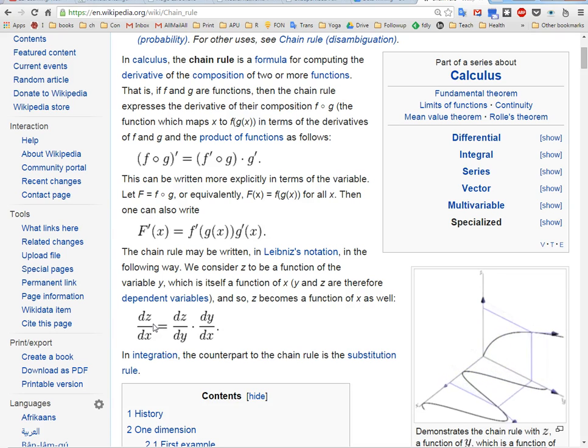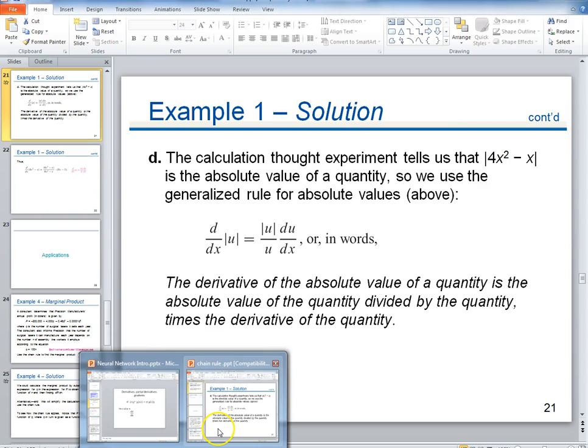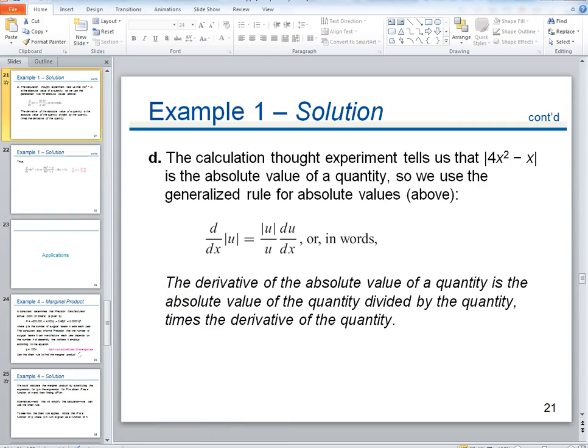But z is not directly a function of x. It's a function of y, but y is a function of x. That's called the chain rule. So we'll need that. Not probably today, but we'll need it. Okay, so I guess I don't need this anymore.